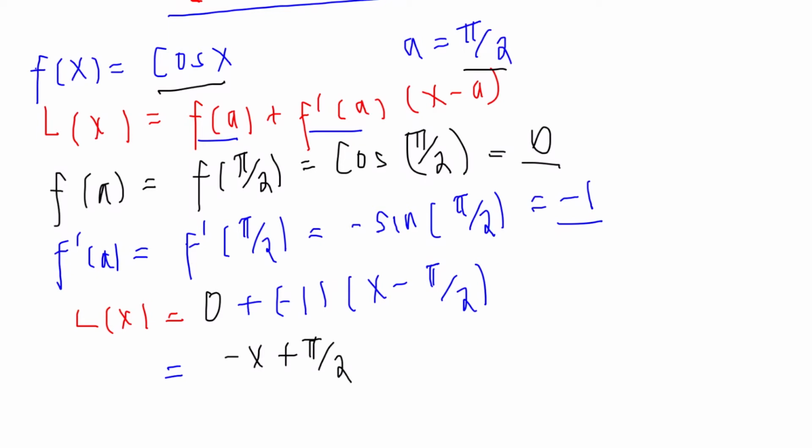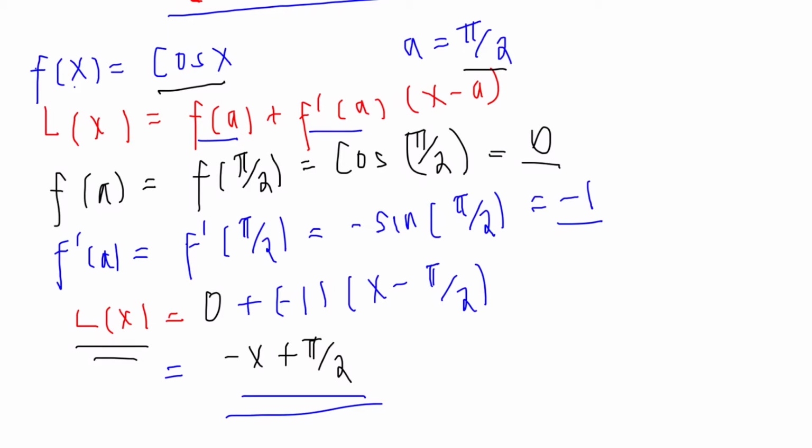So our L of x, the linearization of this function, gives us this function: minus x plus pi over 2 is a function that can give us an approximate value of f of x at a equal to pi over 2.